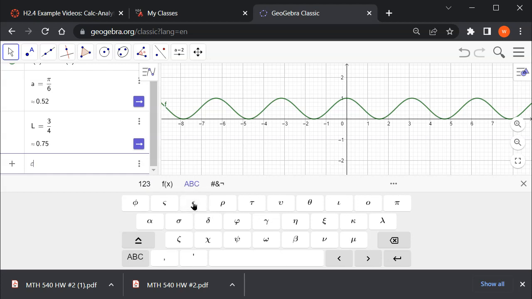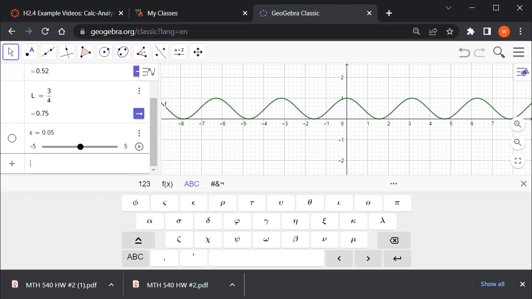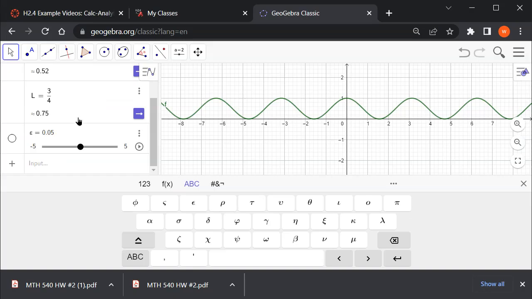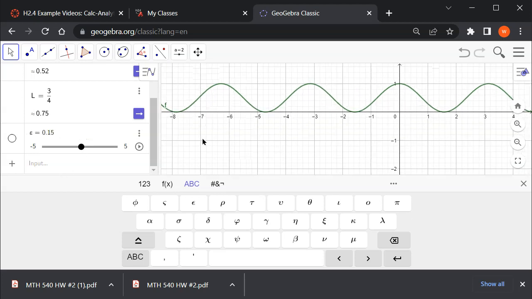Epsilon is set to, I think, 0.05. Let me double check. Actually, epsilon value is 0.15. That was wrong, so let's change that. Epsilon was 0.15. Put that in there.